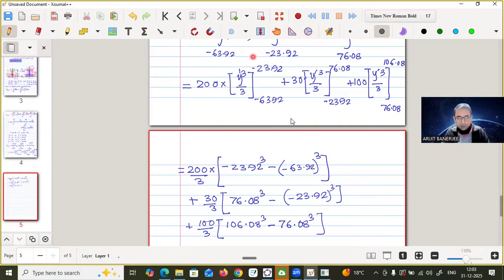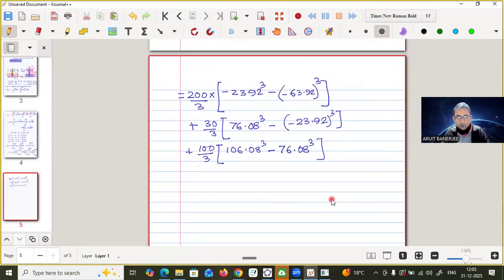How much is it coming? Please calculate.